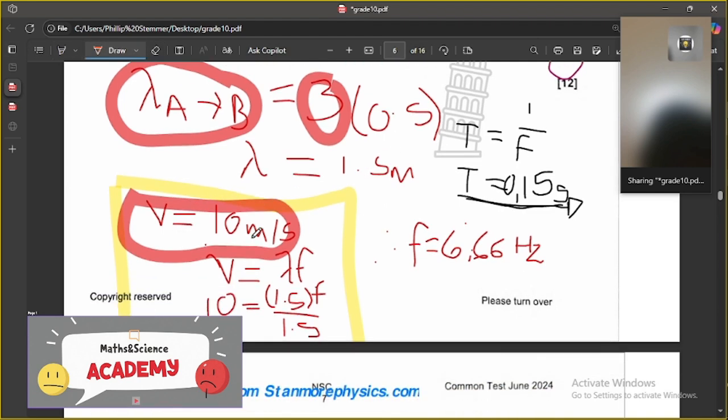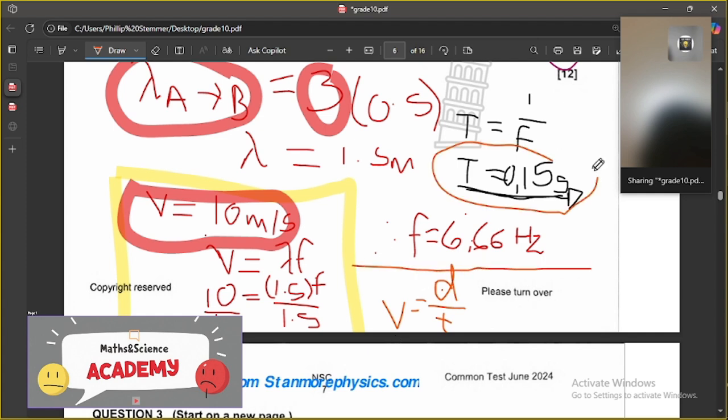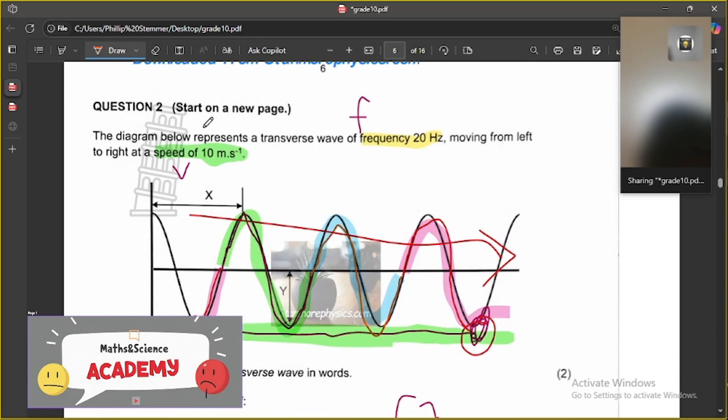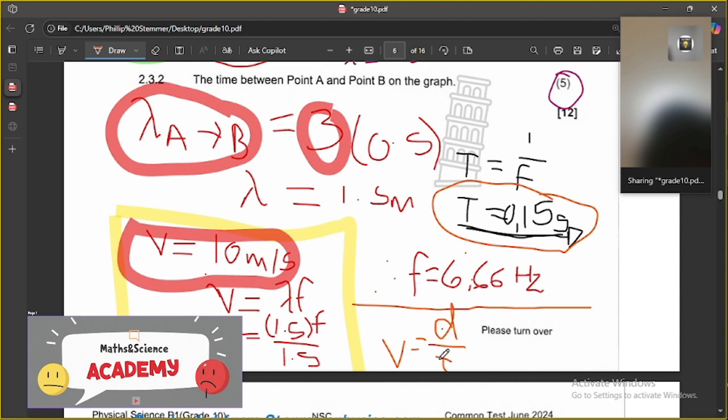Now this is speed equals distance over time. And then we already have the speed. The distance is 1.5 and the speed is 10. So now we can substitute and find time. This is method number 2, guys.